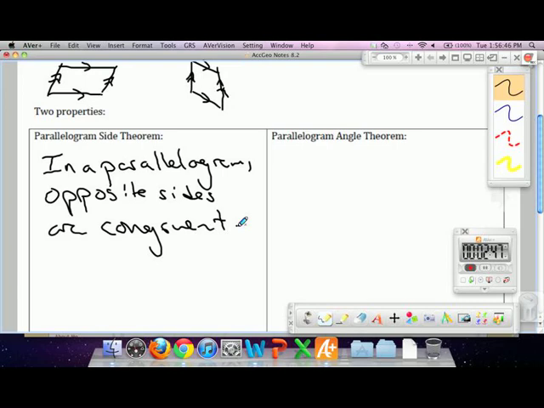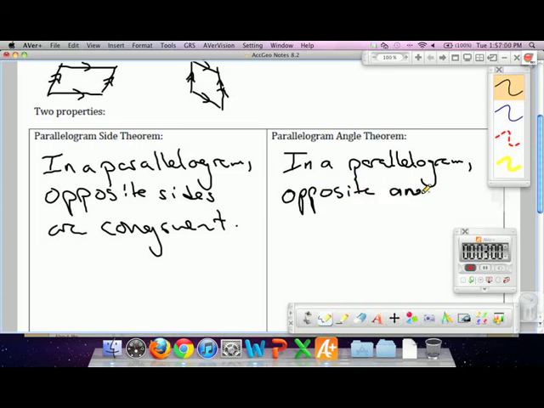And similarly, in a parallelogram, opposite angles are congruent. Those are two theorems that we can come up with, and in fact, they're really not all that difficult to prove.